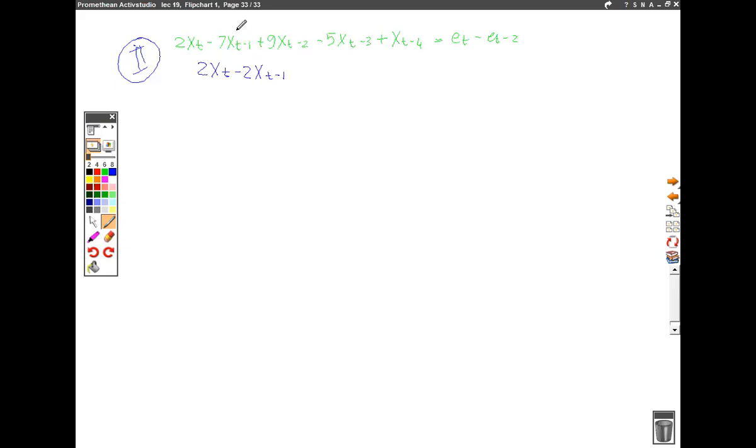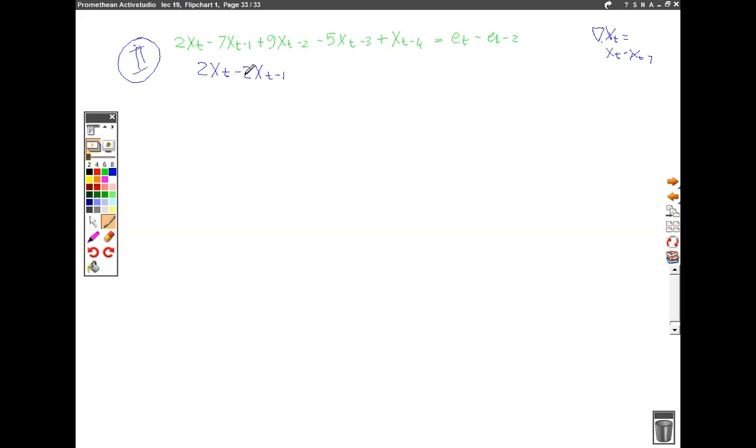Remember, I have minus 7x_{t-1} and I want to rewrite this whole expression in terms of nabla, which if applied on x_t gives me x_{t-1}. So I want to rewrite all of my expression on the left hand side in terms of this nabla x_t or its powers.